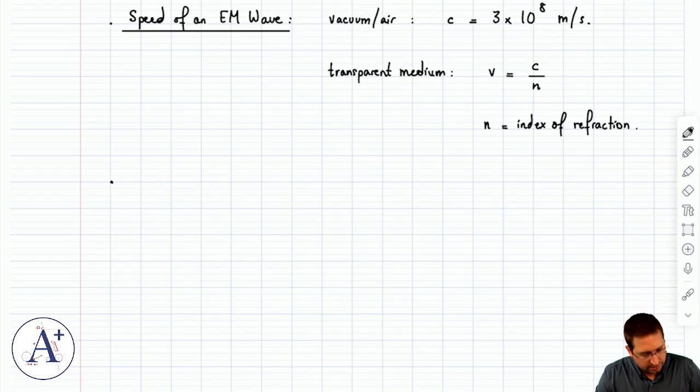And then I don't know what to call this, is my problem. I don't know what to call it because I just gave you the speed of an EM wave. But basically the property of a wave is that its speed is a function of the medium through which it propagates, or the lack of medium through which it propagates for that matter. But it's set, right? If air doesn't change in any way, the speed of light is c. And the transparent medium, same thing.